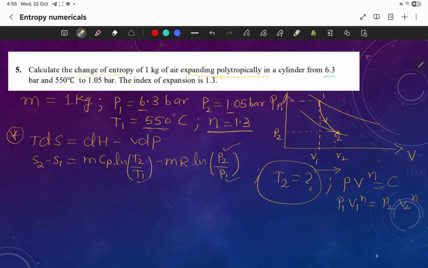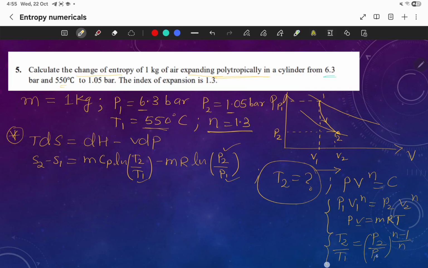Okay, now just use PV equals mRT and put the V value here. We will get T2 by T1 equals P2 by P1 to the power (n minus 1) upon n.